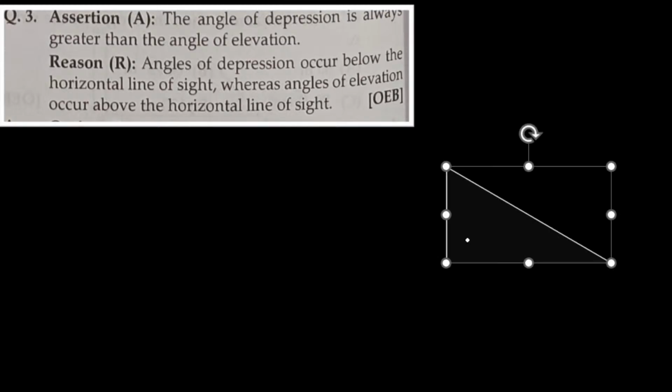Let's do next question. Assertion. The angle of depression is always greater than the angle of elevation. So what do you think? Again, I'll consider right angle triangle, although one figure I showed you at the starting. This is right angle triangle.